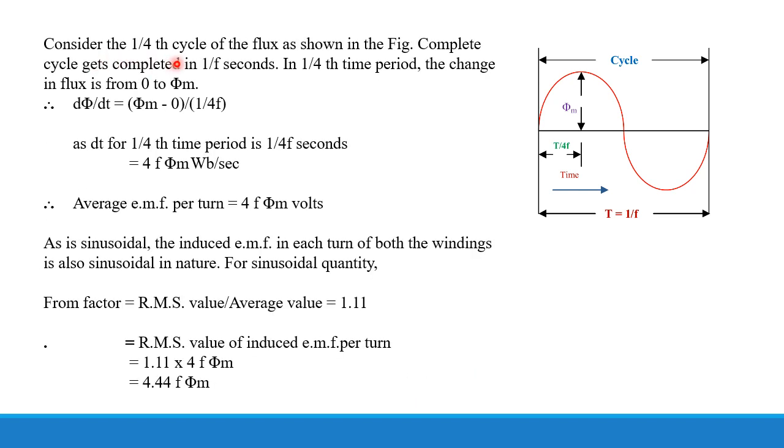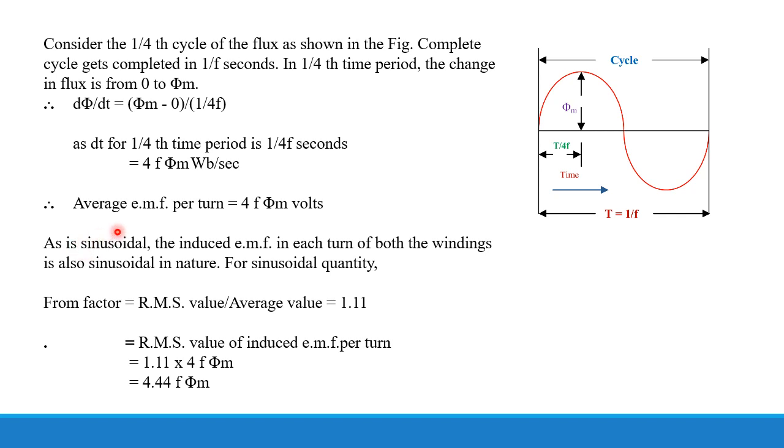Consider the 1/4th cycle of the flux as shown in the figure. One complete cycle gets completed in T is equal to 1 by f seconds. In 1/4th time period, the change in flux is 0 to phi m. So d phi by dt is equal to phi m minus 0 by 1 by 4f. The average EMF per turn is equal to 4f phi m volts.